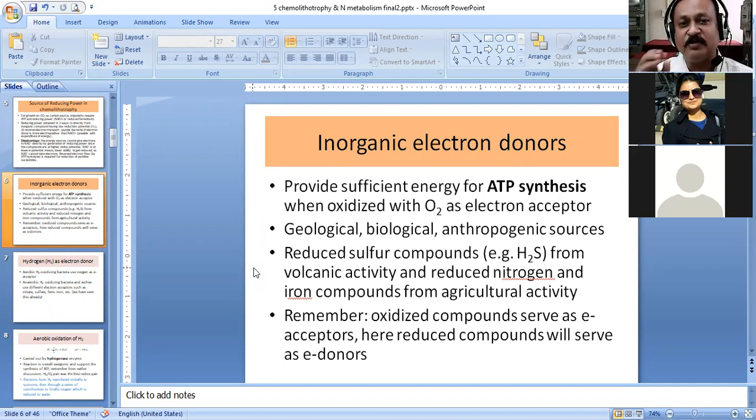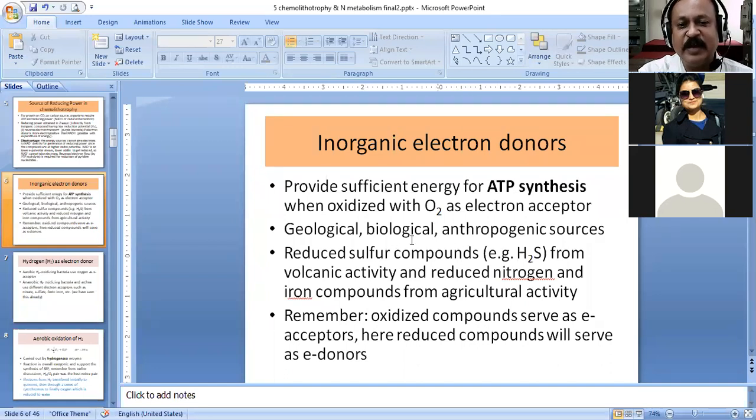So long as the electron acceptor is oxygen, the chain will still be a longer chain, and therefore the ATP that will be synthesized in the process will be sufficient. We have enough energy for synthesizing ATP.